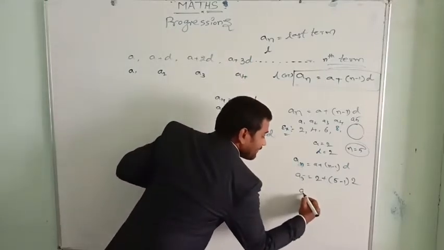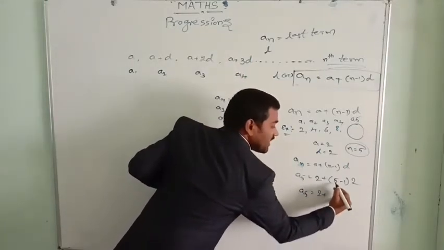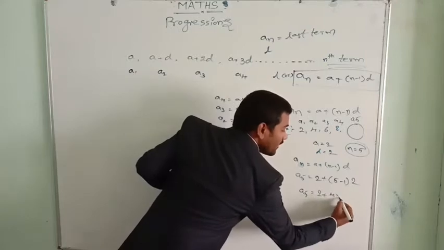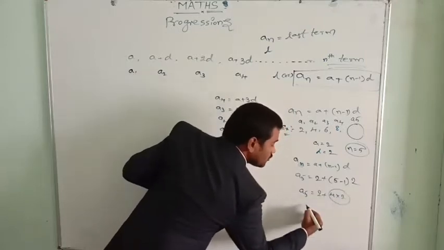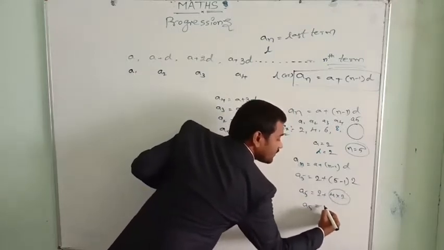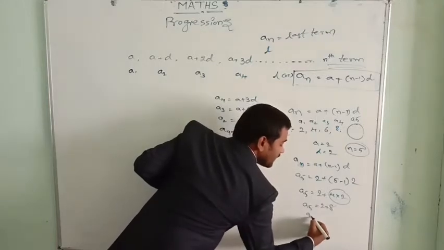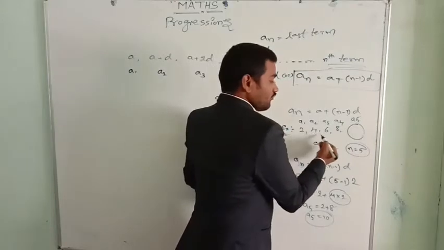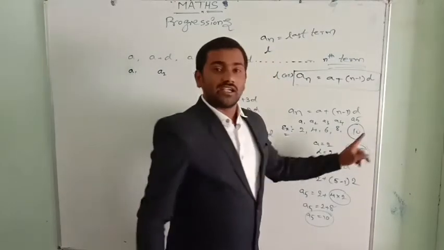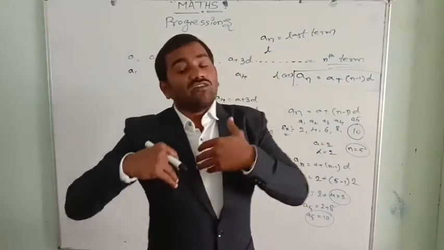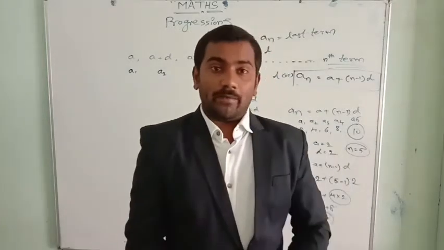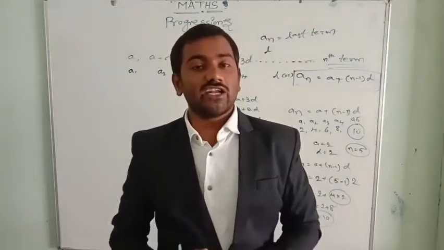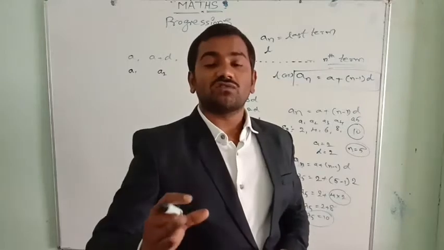So a5 equals 2 plus 5 minus 1, which is 4, into 2. 4 into 2 is 8. a5 equals 2 plus 8, so a5 equals 10. In 2, 4, 6, 8, the next term is 10. In this way we can find whichever term we require by using this formula, an equals a plus n minus 1 into d.